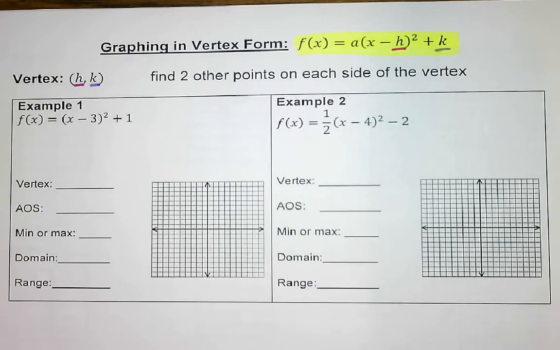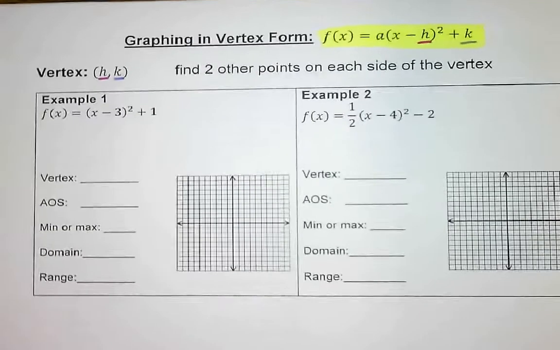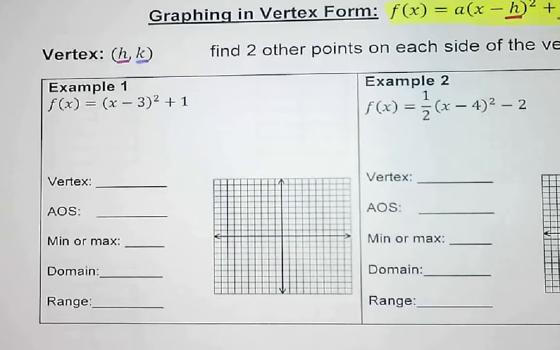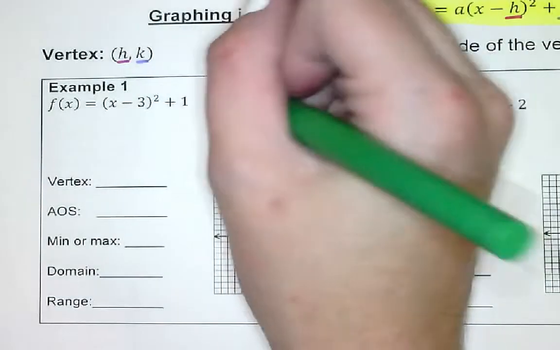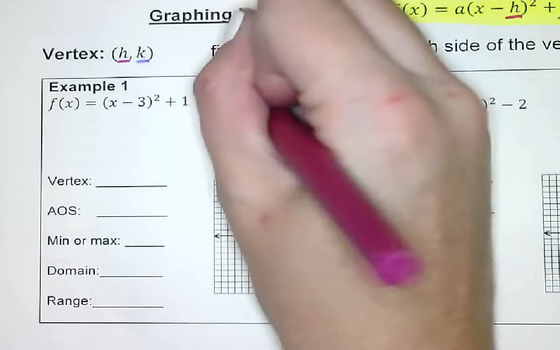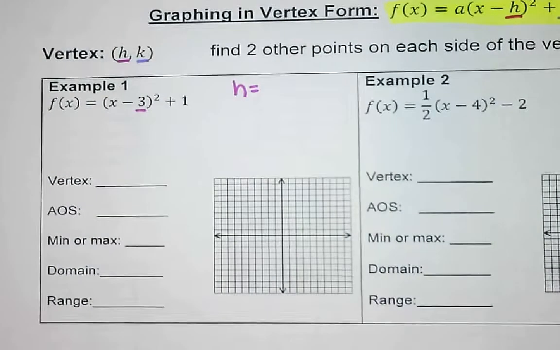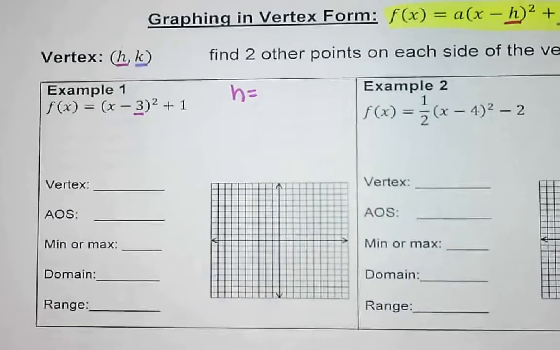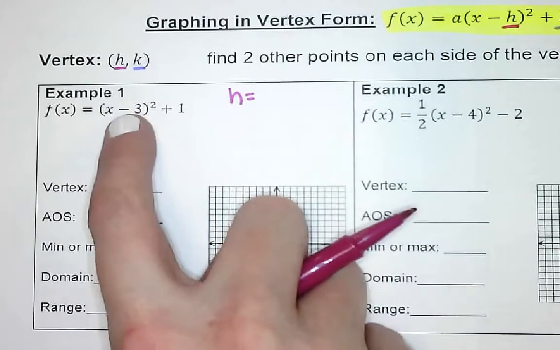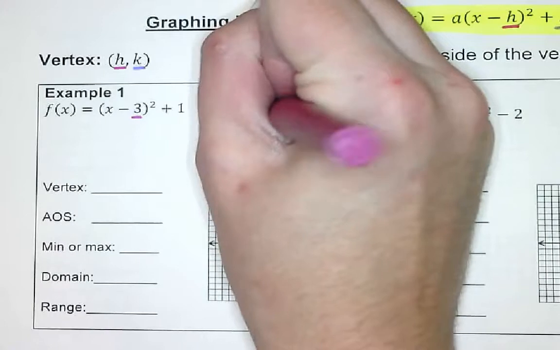So, in this particular problem, guys, what is my h? Let's see here. What is my h value, y'all? Okay, so it's x minus h, so it's the opposite. So it's positive 3. This is going to be a positive 3, so it changes the sign when you take it out.